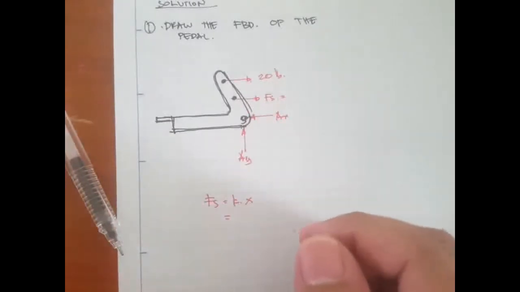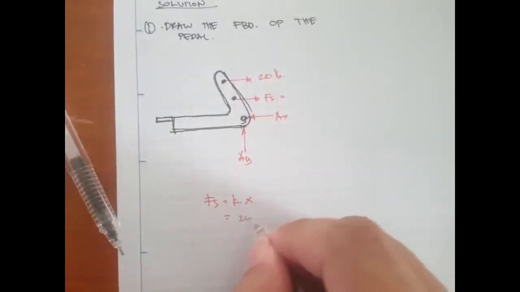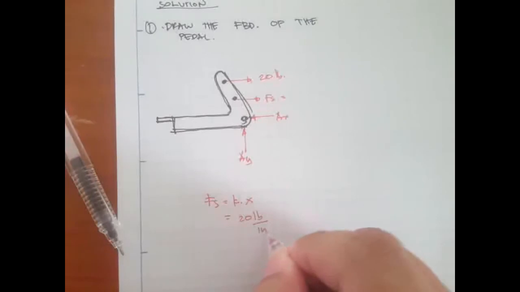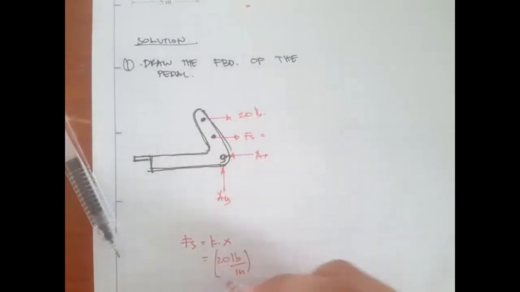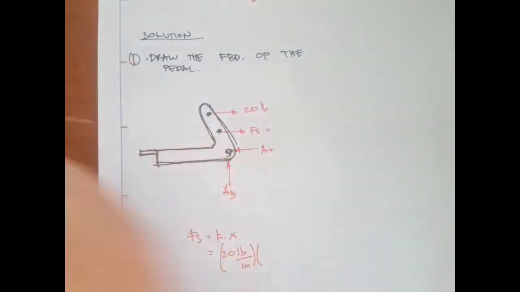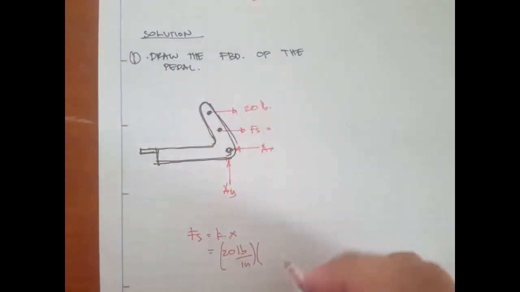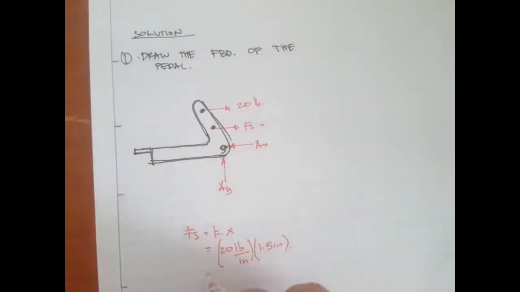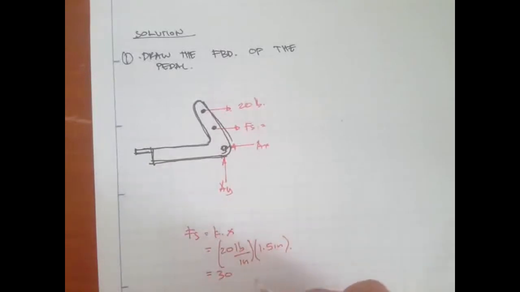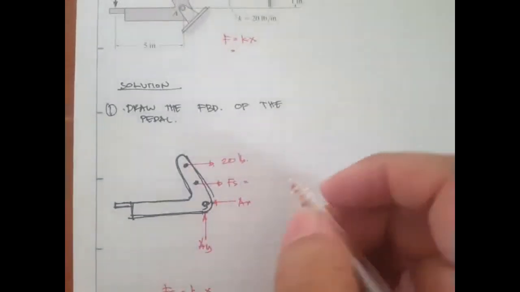Now what is K? K is 20 pounds per inch. This is given right here. We multiply this by the stretched distance, which is 1.5 inch, and what we get is 30 pounds. So this is 30.